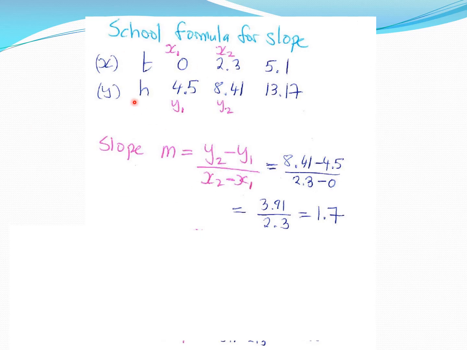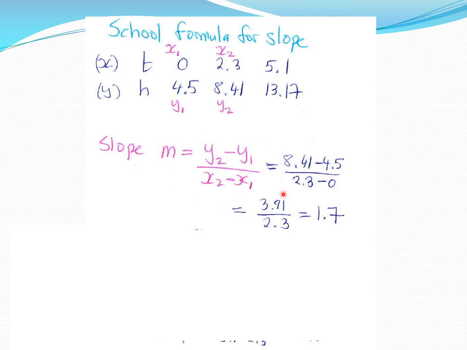Now, going back to the set of data that we had for that previous question, rather than draw the diagram and start thinking about how to do the question, there's a nice school formula that most of you would have done in school. Going back to the x and y mode, we could call the first point x1. So x1 is 0 and the corresponding y1 value is 4.5, x2 is 2.3, and y2 was 8.41.